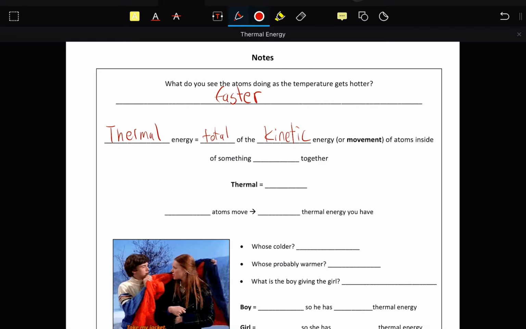So you take all of these different atoms and how they're moving and you add them all together and you get your thermal energy. And the word thermal actually means heat. So the faster atoms move, the more thermal energy you have.